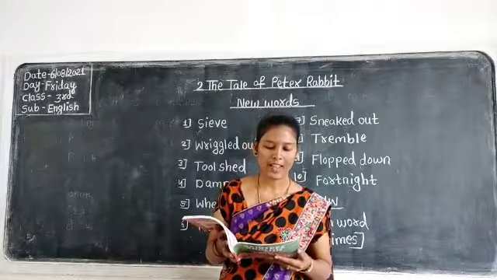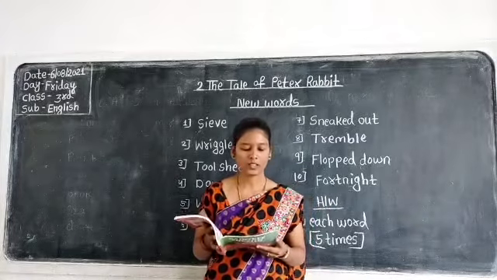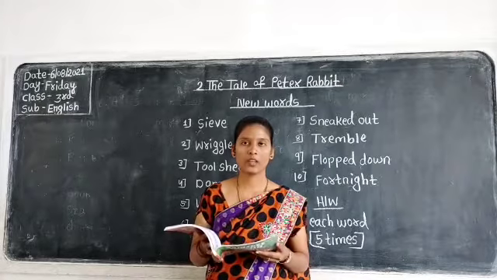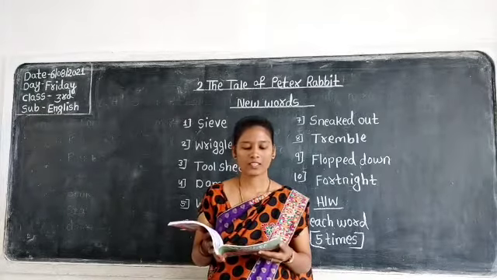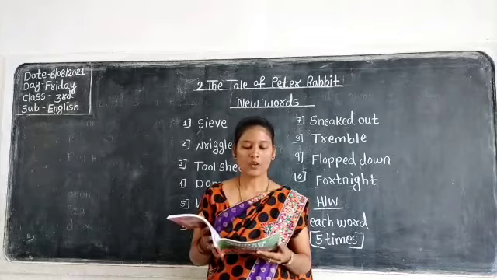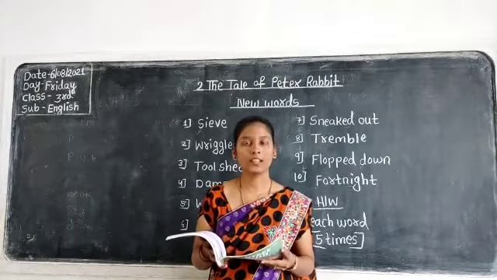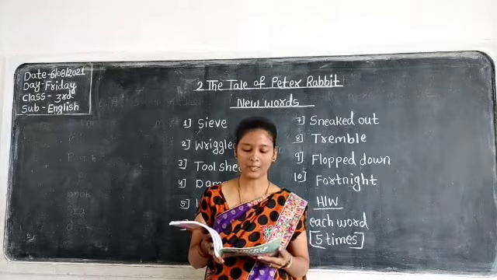So children, after some time, Peter began to walk looking all around. A mouse ran in and out over the doorstep. Doorstep means doorway, or we can say entrance. So the mouse was carrying peas for her family.